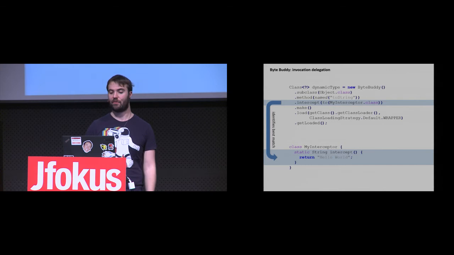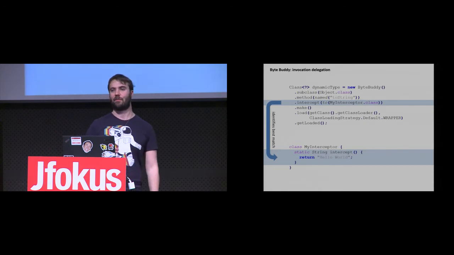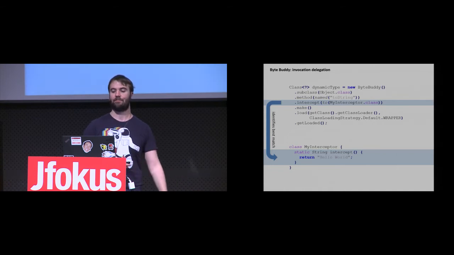In this case, there's only one static method. So the resolution is trivial. In most cases, you only want one way to intercept a method, so you should, for your own sake, keep the resolution trivial. If you have more than one static method, Byte Buddy figures out a best match, which happens similarly to overloading. Basically it checks all methods that exist, and it checks which method can take the most parameters, arguments, and then delegates to that.